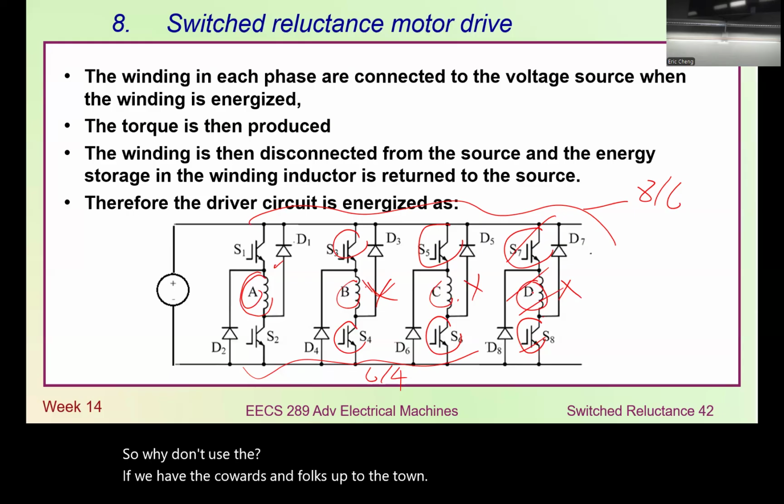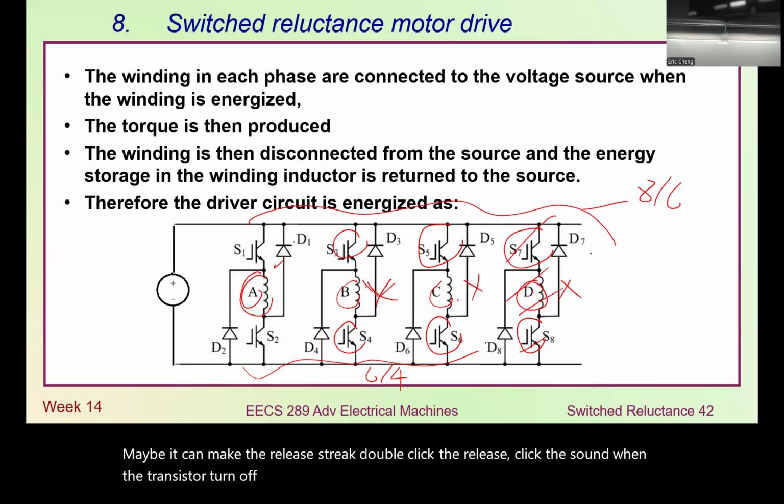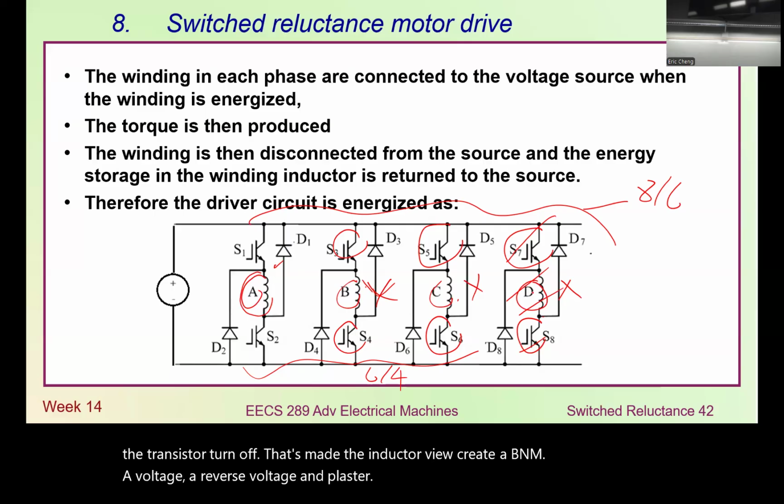And maybe it can make the release speed double. So when the transistor turns off, the inductor will create a back EMF voltage, the reverse voltage.